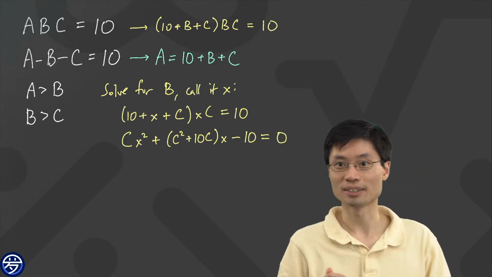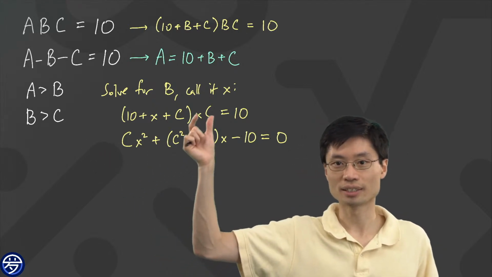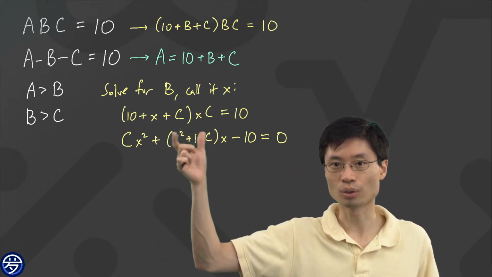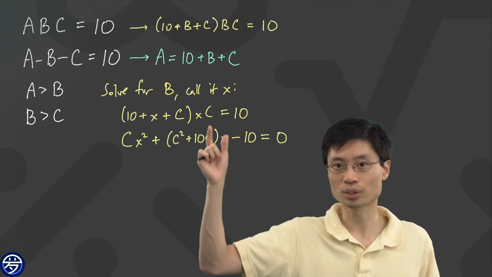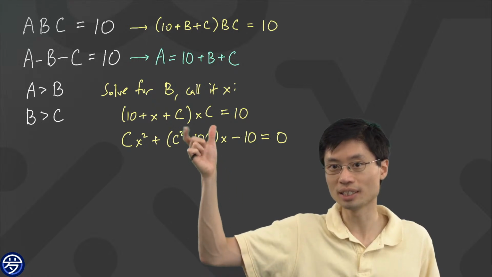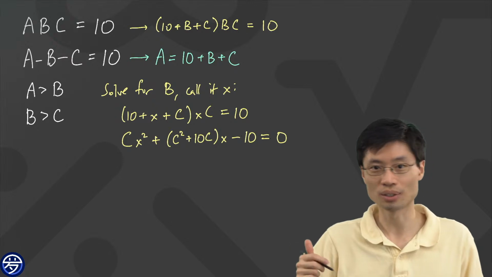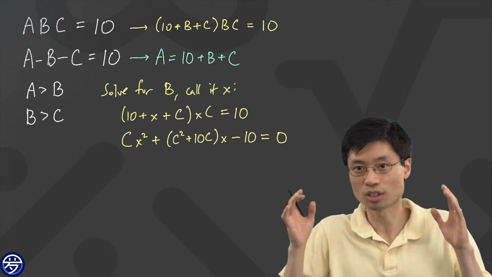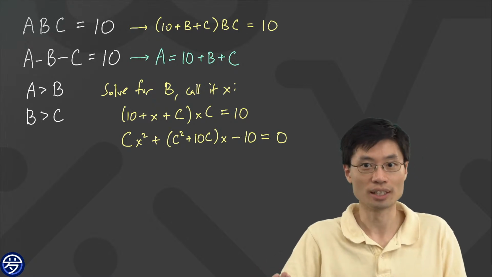Let me take a step back. Is that right? What I've just done is I have Cx squared, that's that part. And then how much times the x? Well, I have a C squared plus a 10C. So that's how much x there is, and then minus 10. What I'm showing you is that there's a whole lot of different choices for C that you can throw in here and get an answer for x.